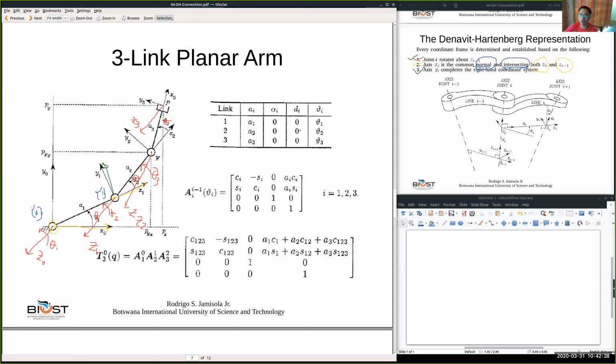So we identify our X2 already, which is normal and intersecting to Z2 and also normal to Z1, and also it is intersecting Z1 because it passes through the point of origin of frame 1.